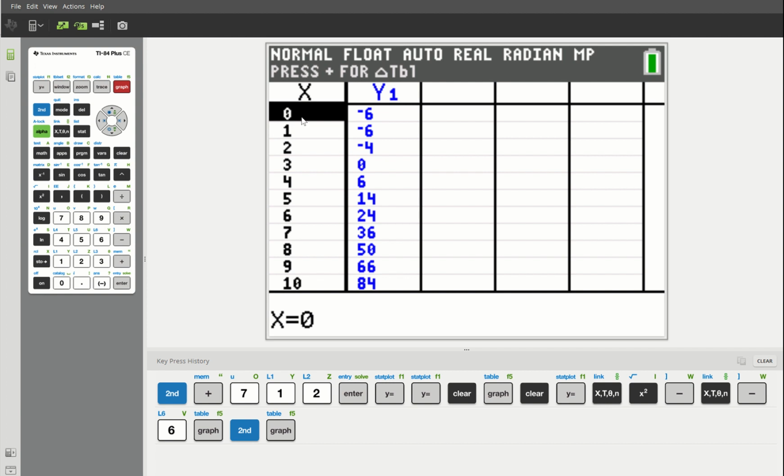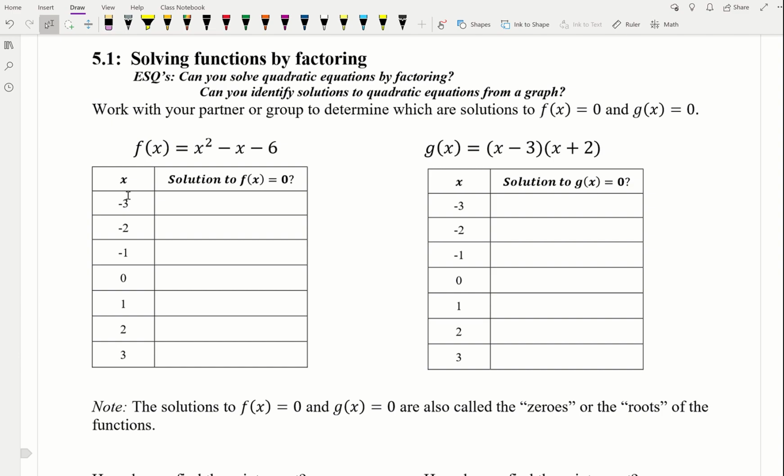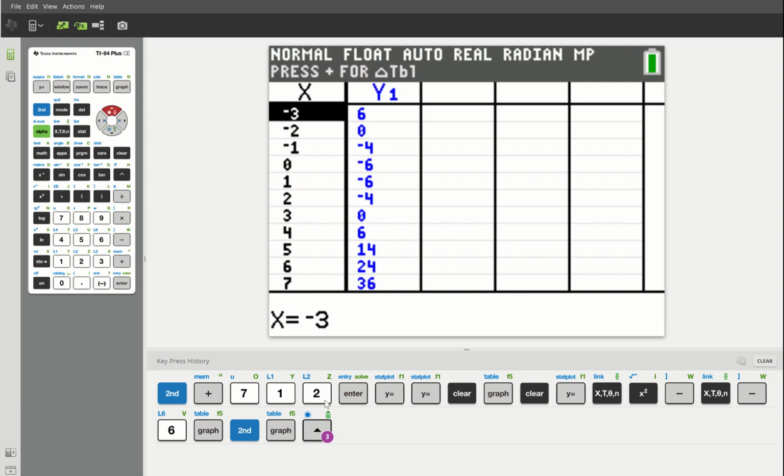Now, this particular table starts with x being 0, but you can arrow up to get other values. And if you look at the table we have in our notes, we're looking from -3 to +3. So I'm going to go ahead and pull those values. So it was 6, 0, -4. So let me just try to transfer those over.